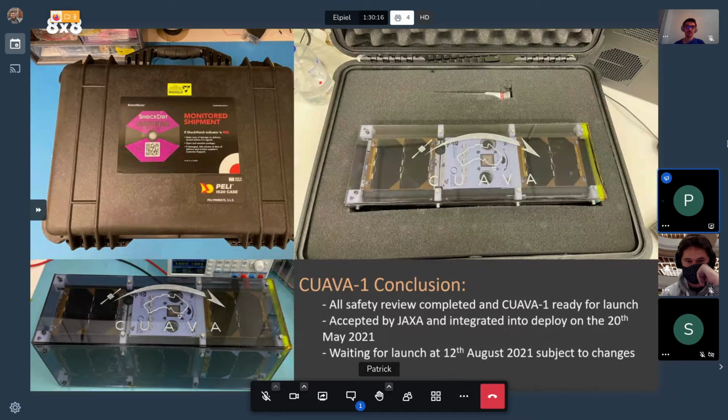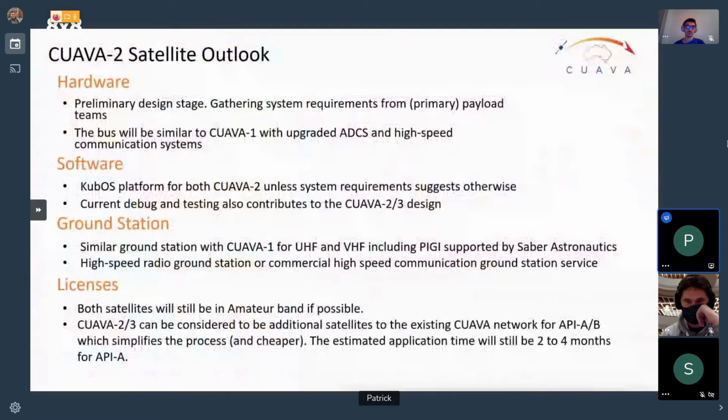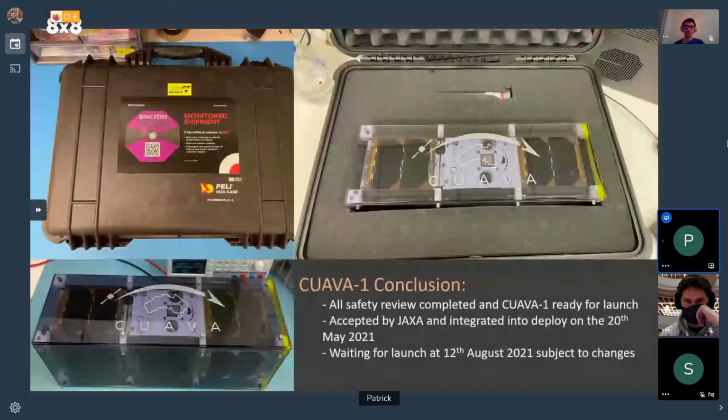And we launched it with JAXA or Space BD, who worked with JAXA, and then it got launched on the Dragon resupply mission for the space station, CRS-23, in late August.